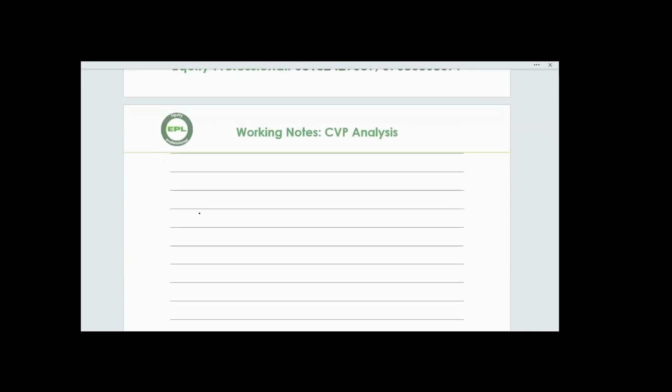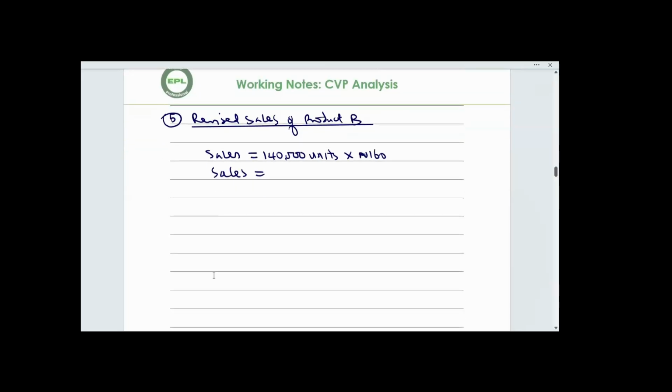So working number 5. Revised sales of product B. To get the revised sales of product B, you are supposed to multiply the units sold of 140,000 with the revised selling price of 160 naira, because the selling price of product B has reduced to 160 naira.